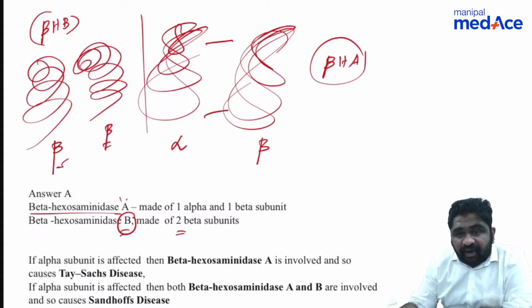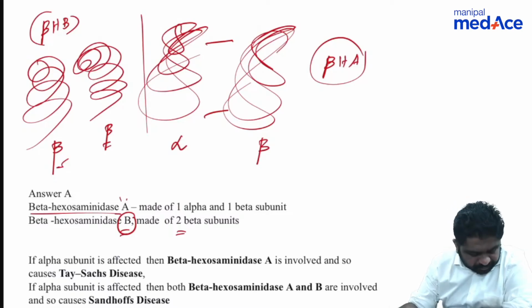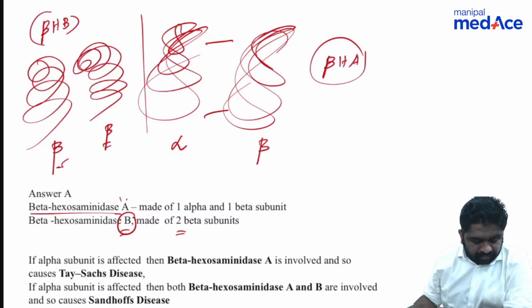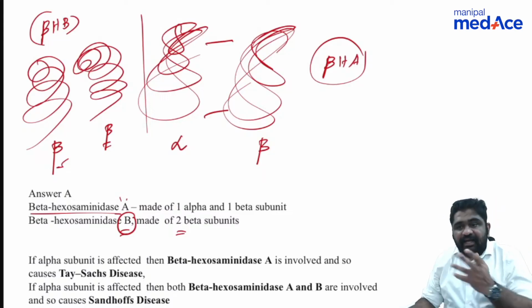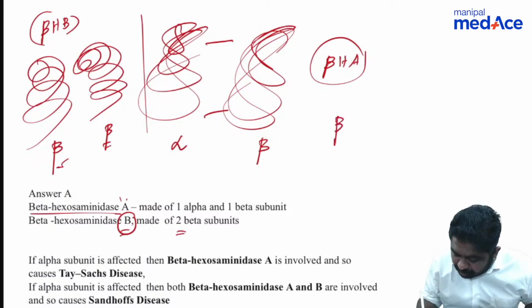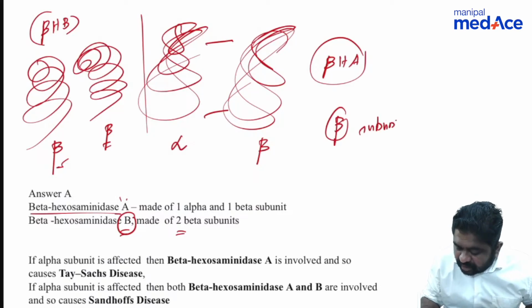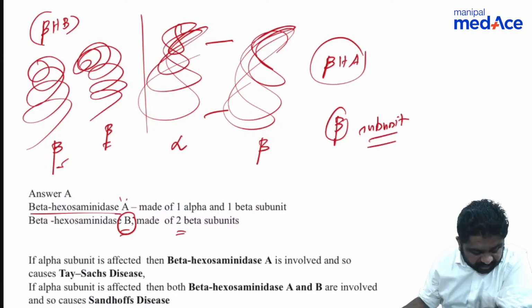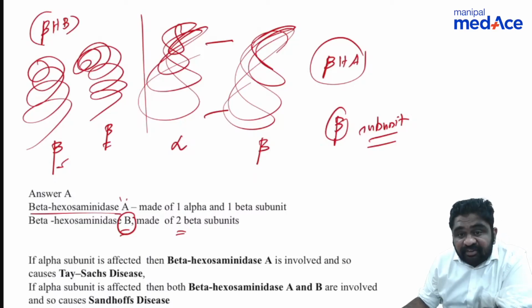Now, if the alpha subunit is affected, is it beta hexosaminidase A or B? Excellent, beta hexosaminidase A. Now if the mutation affects the beta subunit, which one is affected, A or B?